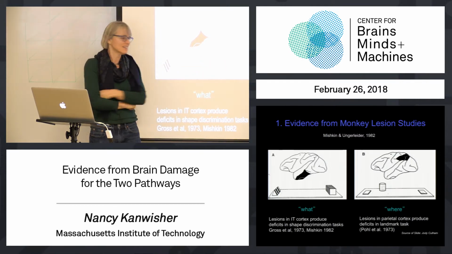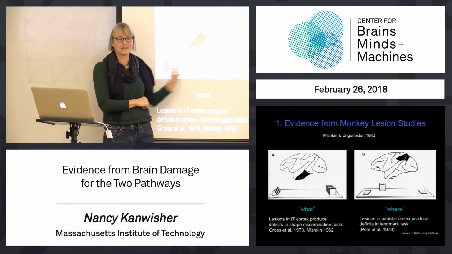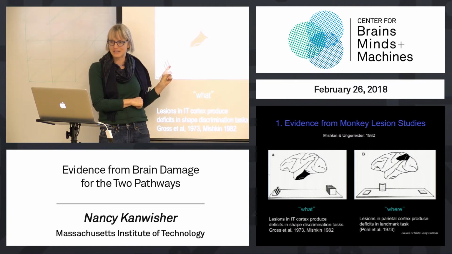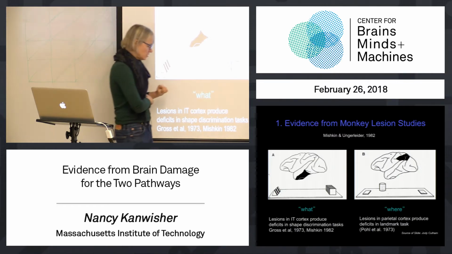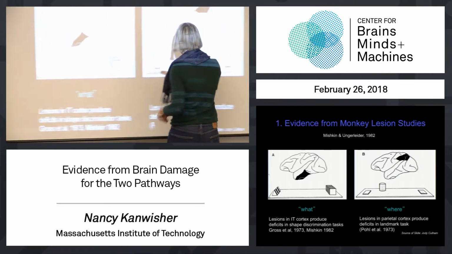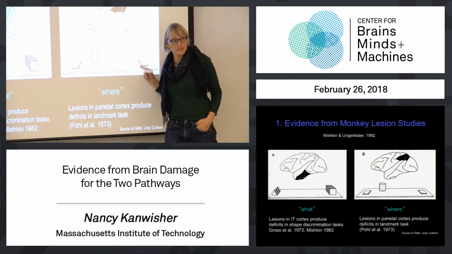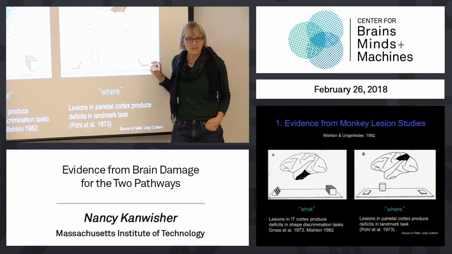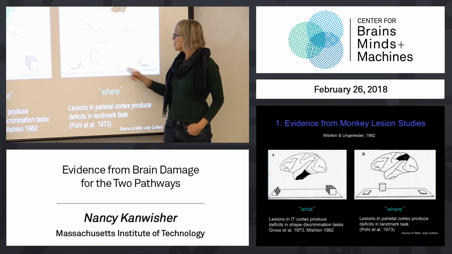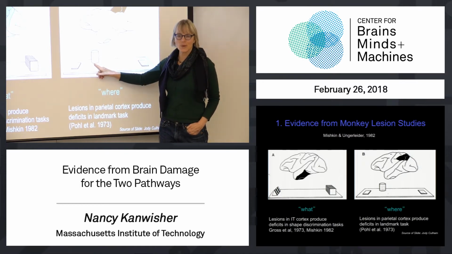That's the what task, because he has to identify what: that object, not this object. Okay, pretty basic. Monkeys learn to do that task. They also learn to do a different task, the where task, shown over here. In this case, the two locations don't differ from each other in the appearance of the object or the features of that object, but this landmark is placed near one of them.